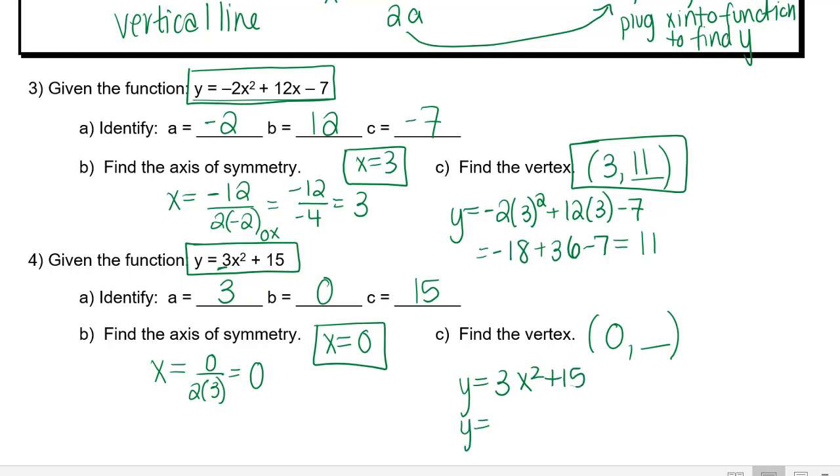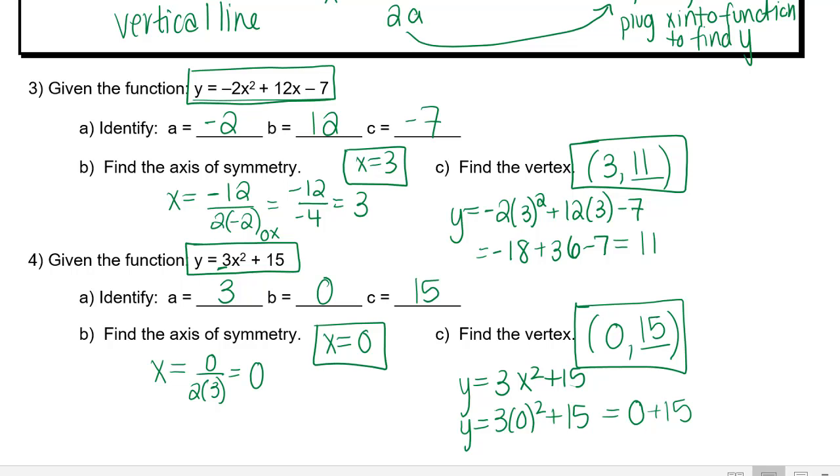So y is equal to 3 times 0 to the second plus 15, which simplifies to 0 plus 15. And there is my vertex of 0, 15.